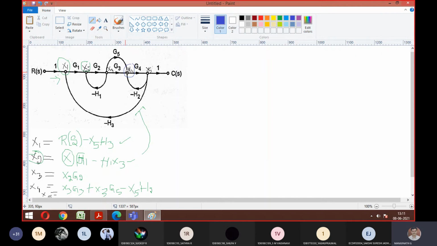From this, G3 X3 is entering. G5 X3 is one more thing entering here. And from X5 entering. So you have three entering points for X4. Agree?